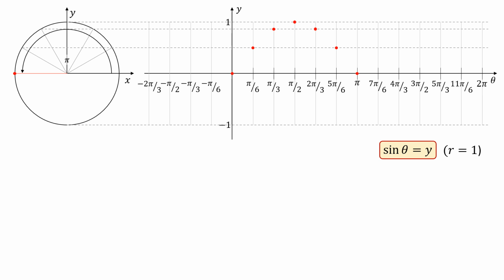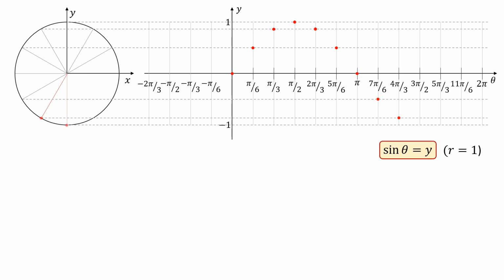And so on. Once we get to 2 pi radians, we are back to where we started, and it's clear that the values will repeat if I continue to go around the circle.